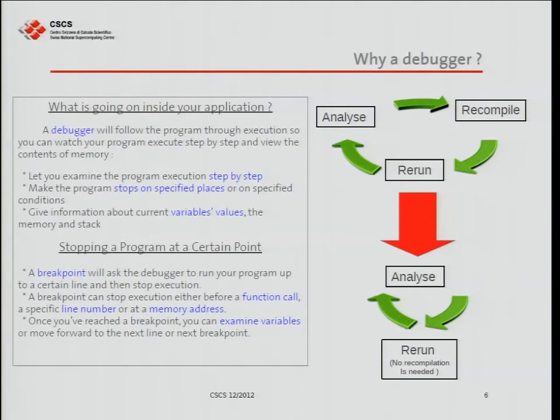So to do that, you just start the debugger, insert what we call a breakpoint that will stop the execution of your application. Then you inspect some variables. You can compare the value of the variable between the different MPI process or the different OpenMP threads. And when you're happy, you finish the execution and you can modify your source.